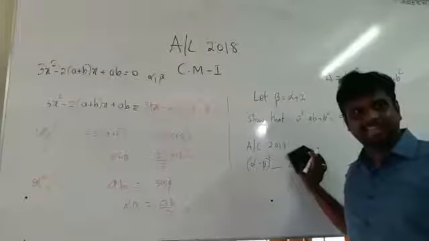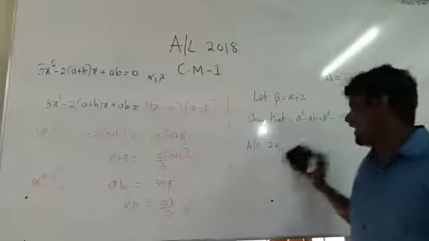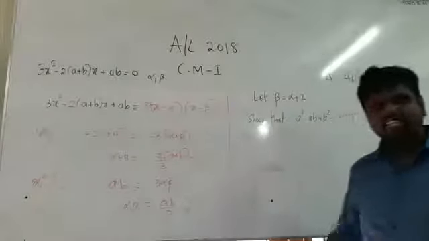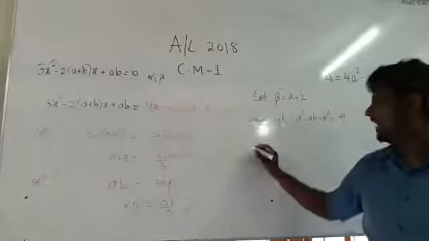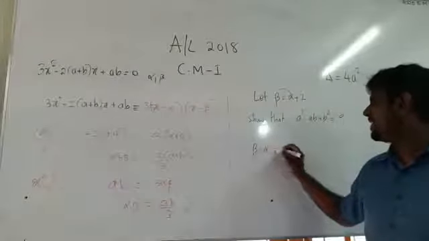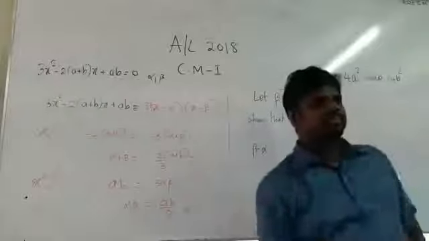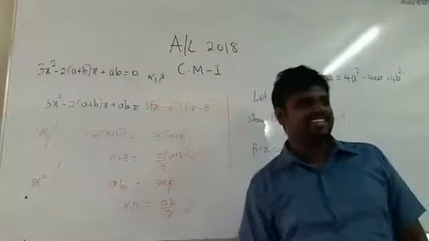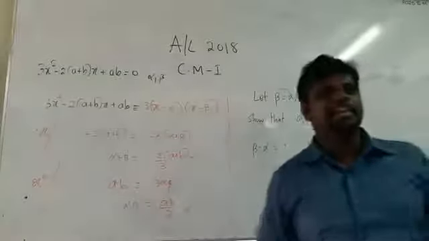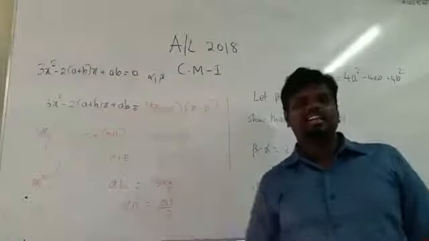You know that, yes or no? So here, if you bring the alpha to this side, it's going to be beta minus alpha. This is the difference of the roots, which should be related to delta.